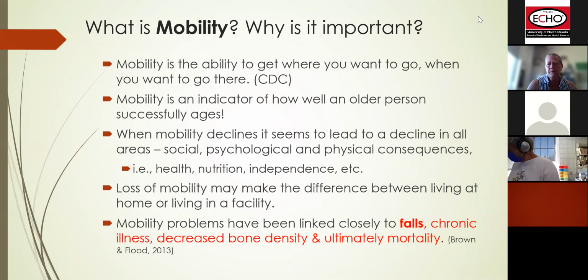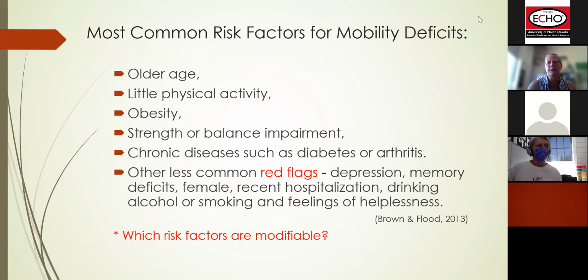Brown and Flood found that mobility problems are closely linked to falls, chronic illness, decreased bone density, and mortality. So it's very important for us to try to keep the aging adult as mobile as possible, because we find that there are problems that occur when we have decreased mobility.